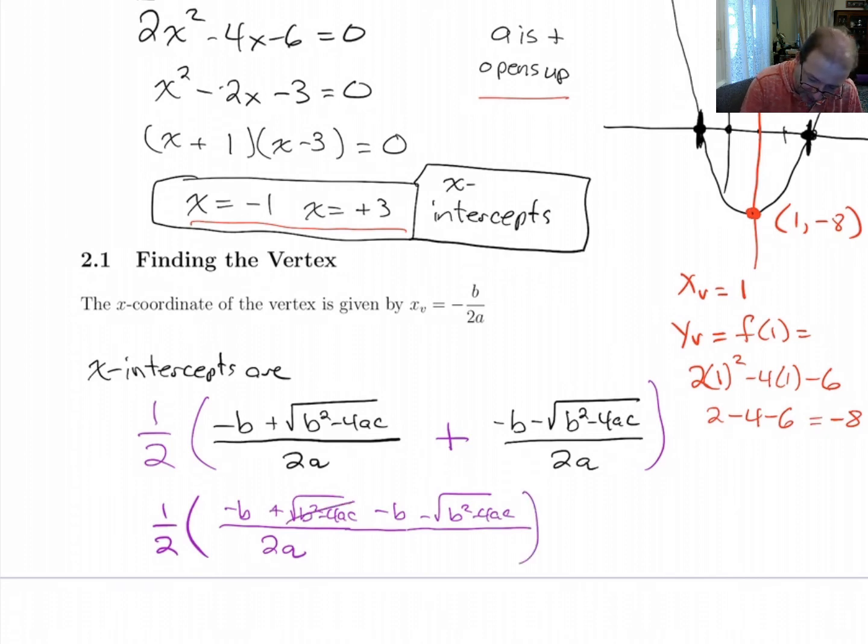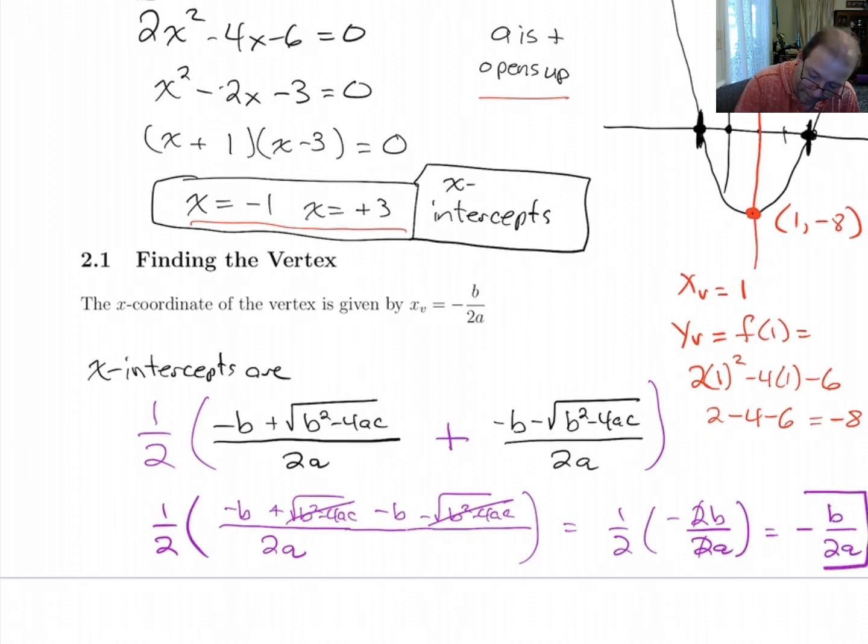So cool stuff happens. These two guys cancel, and I'm left with 1/2 times negative 2b over 2a. And I can cancel these 2's, and I'm left with minus b over 2a. So that's a derivation for finding the x-coordinate of the vertex.